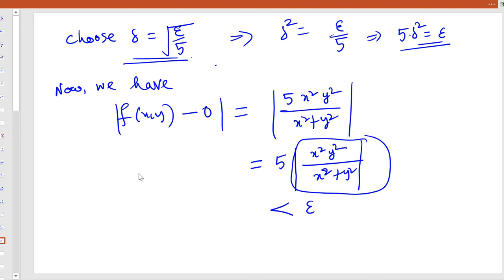Since this is x square plus y square, for example, if you take x square equals 1 and y square equals 2, then 1 square plus 2 square. So what is the value? Is it less than 1?